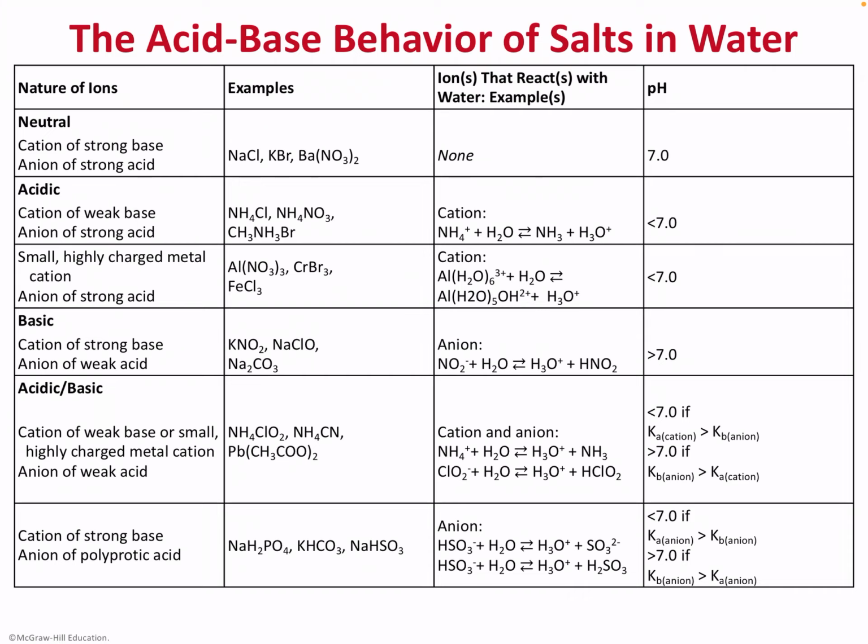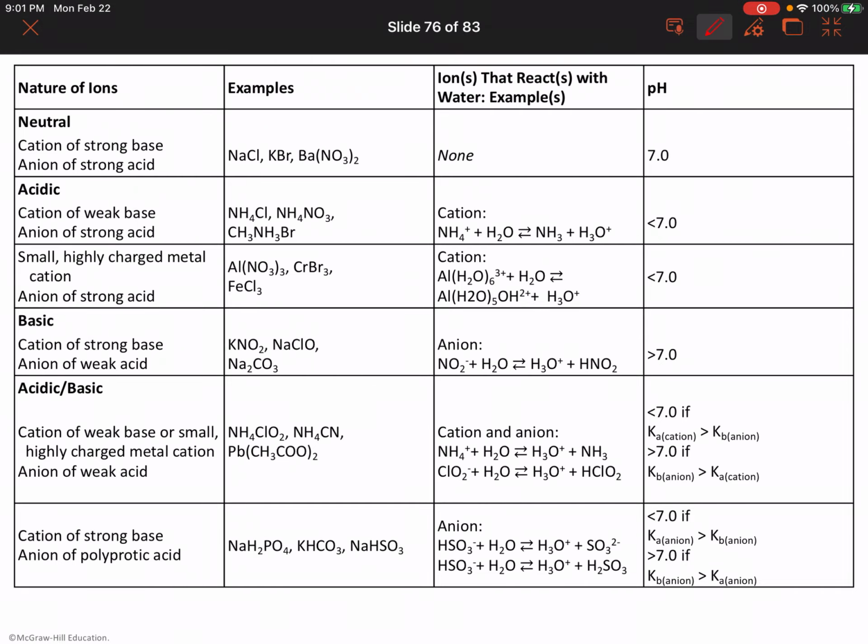There's a little typo, so I will correct that. Instead of H3O plus, it has to be hydroxide, OH minus. You see, if the water loses a hydrogen to give to NO2, it becomes HNO2. So then the water has to become hydroxide. So that's why pH is greater than 7, which is a basic solution.